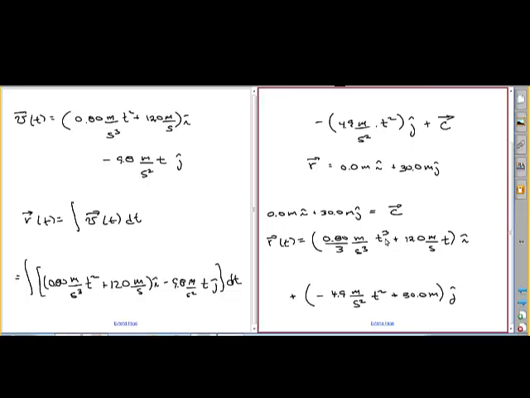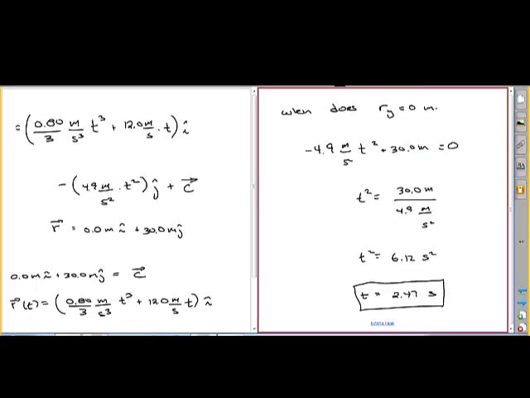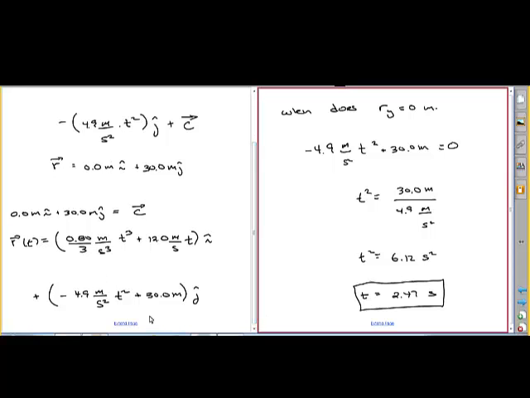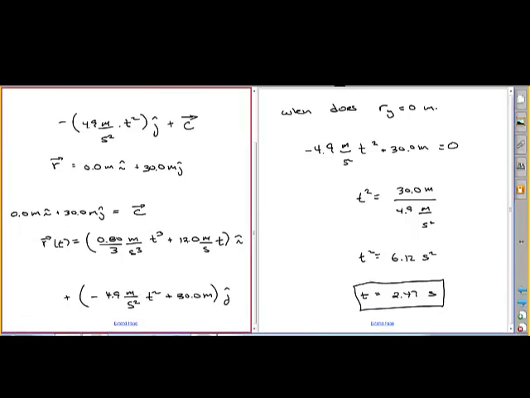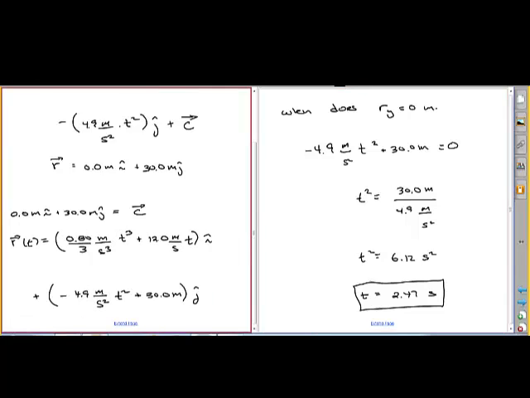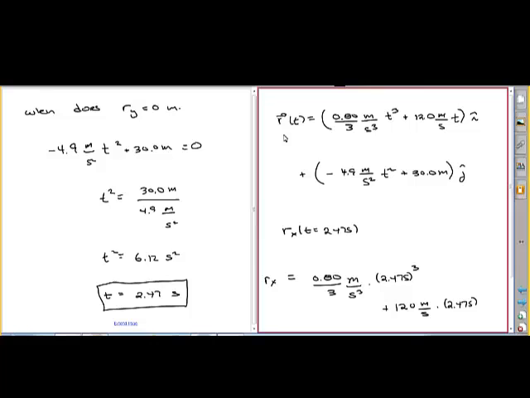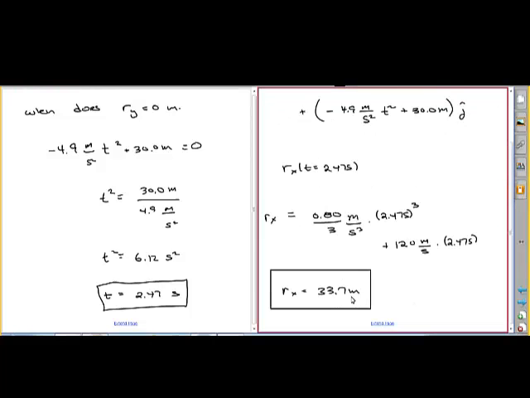So you get your final position vector as a function of time. I said that it hit the ground when the y position went to 0. So I set r sub y, which is this part, equal to 0, found the time equals 2.47 seconds when that happens, and then you plug that into your x component to find out how far it moves in the x direction. And we did that. We got 33.7 meters.